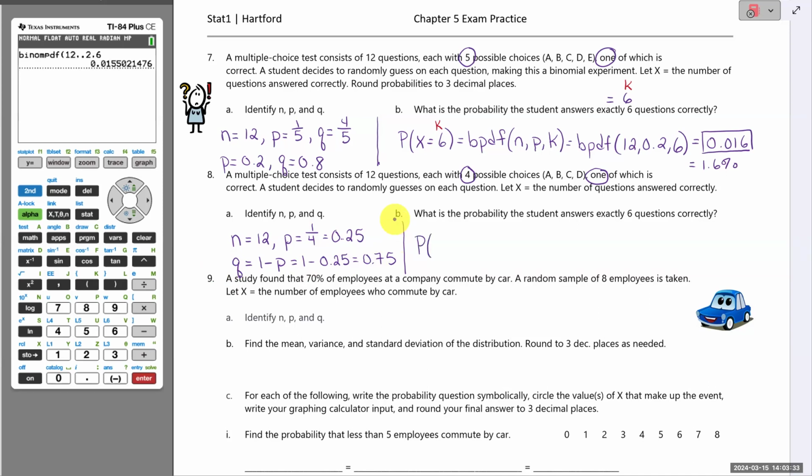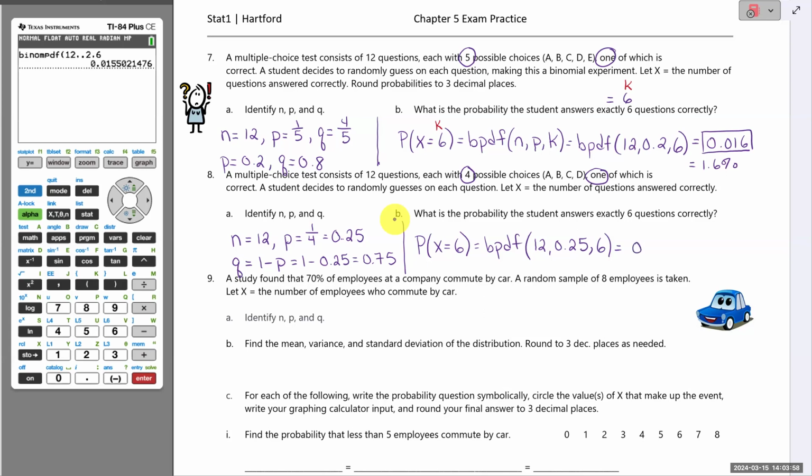So the probability that the student answers, again, exactly 6 questions correct. So same syntax as before. We've got our N, and our P changes though, so our P is 0.25. And then again, we're doing exactly 6. Okay, and then you can type that one in.